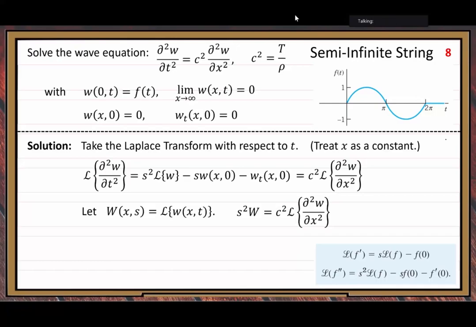Here, we know the Laplace transform is an integral. The definition of the Laplace transform is an integral.